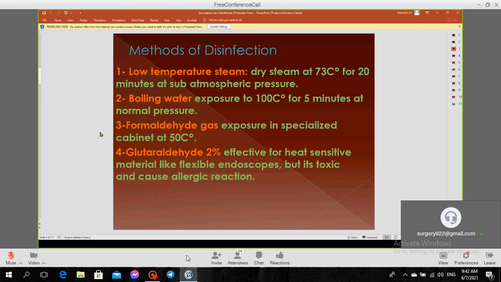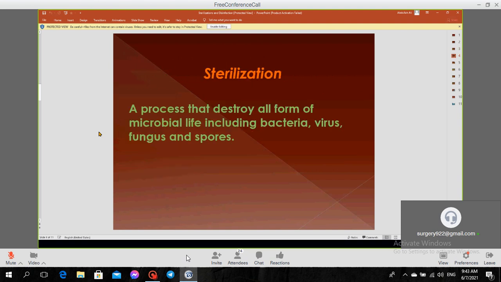Sometimes we have some heat sensitive materials like flexible endoscopes. We can't expose them to boiling water or formaldehyde or temperature, so we use this chemical material. But the side effect of this, it is toxic and may cause allergic reaction.